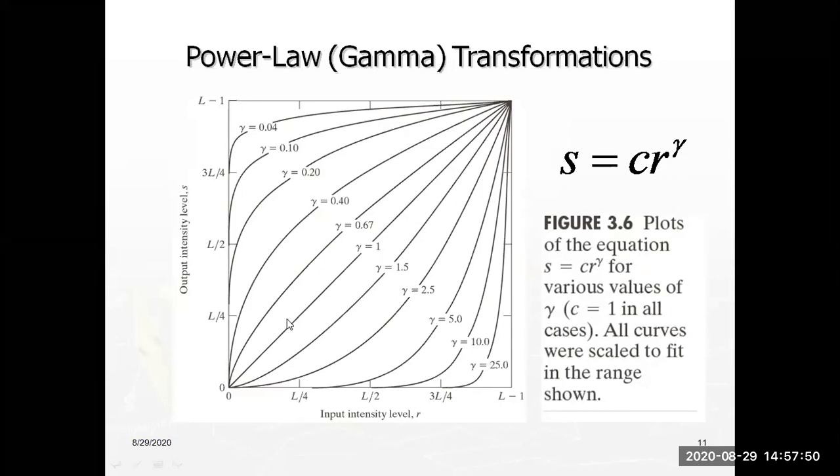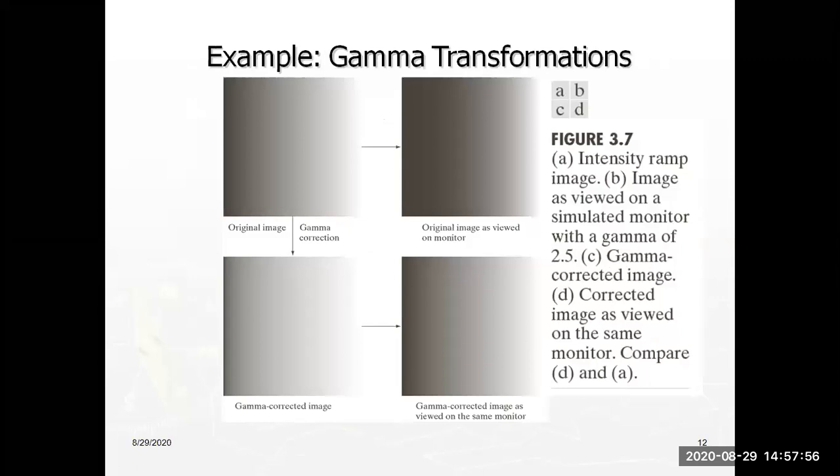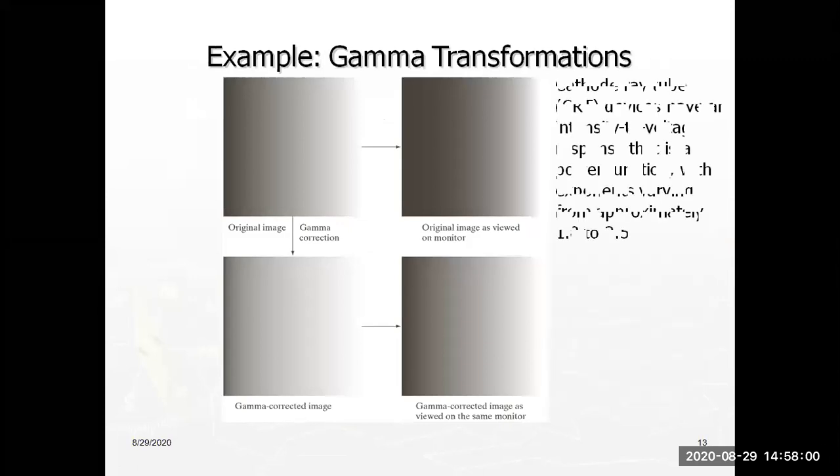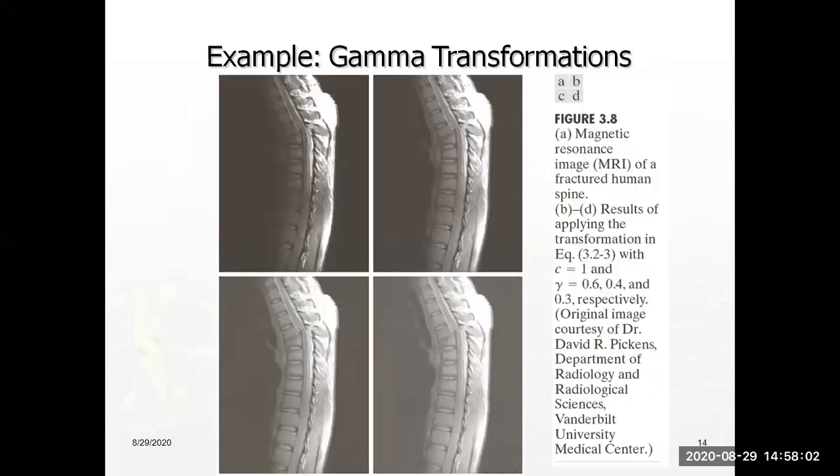Based on the gamma value, the transformation function curve also changes. By simply changing the gamma value, I am showing different input and output images, like this spine of a patient, for identification of the broken part.